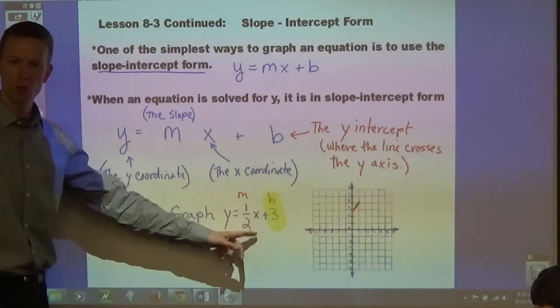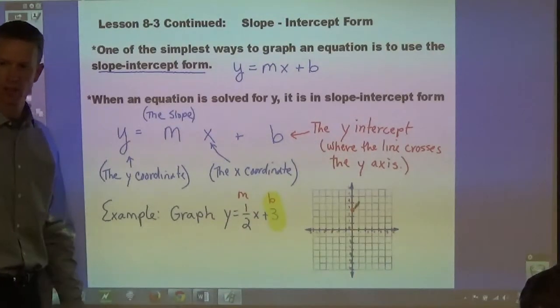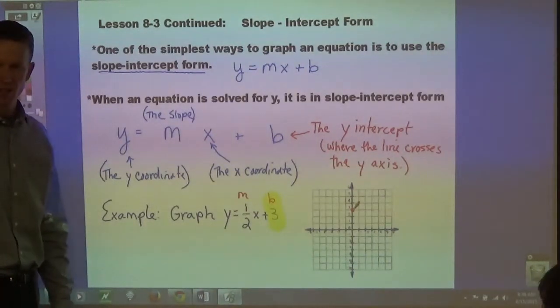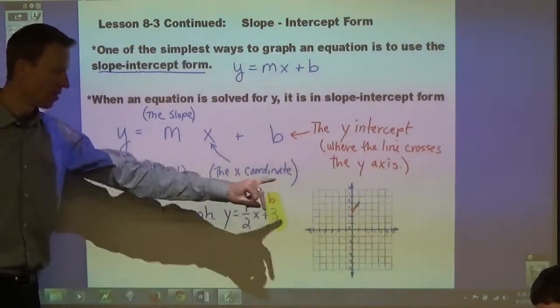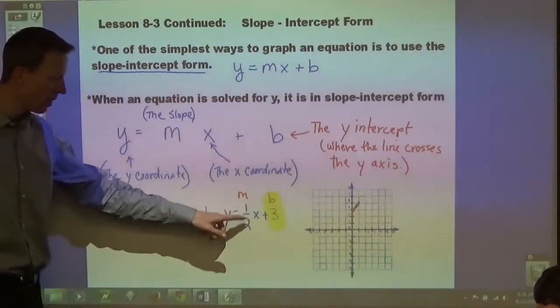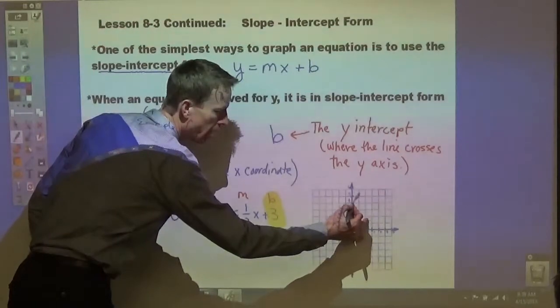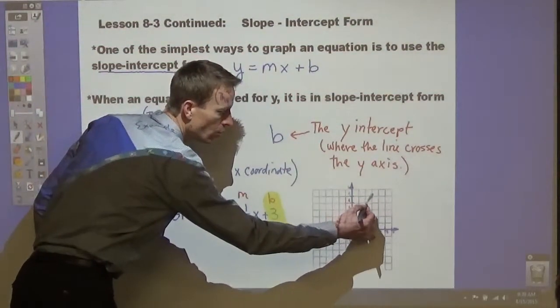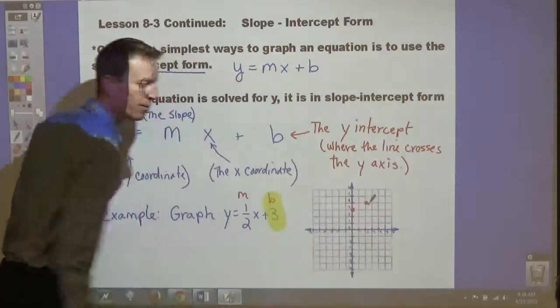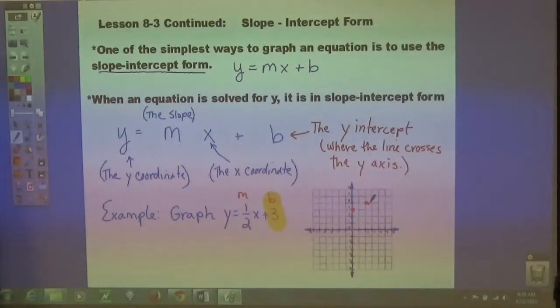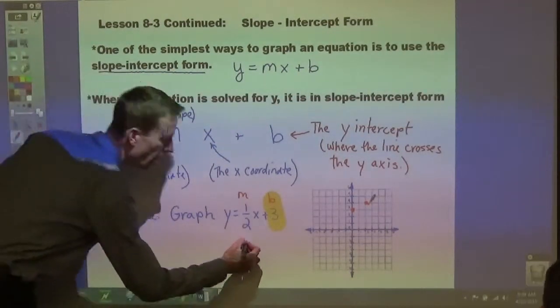How would we move according to this slope? One to the right, one up, and then 2 to the right. 1 up and 2 to the right, yes. Positive 1, so 1 up and then 2 to the right and mark the point. Everybody do that. The slope is 1/2.